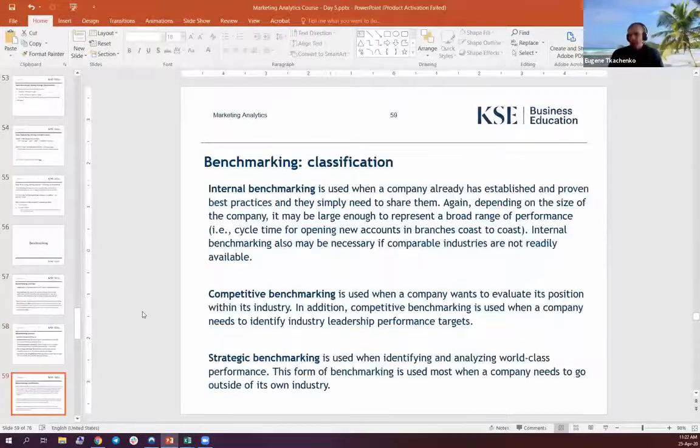So because of that, we technically have 3 main types of benchmark classifications. Internal benchmark, everything which starts inside of your company. So something you are trying to improve and aim to make things better.